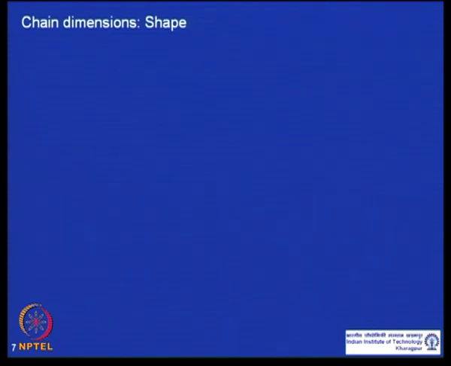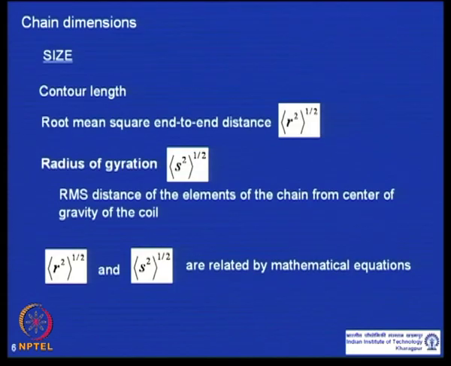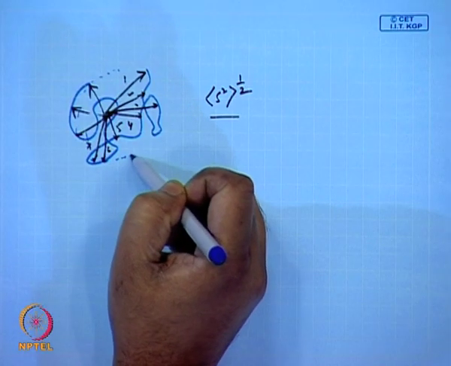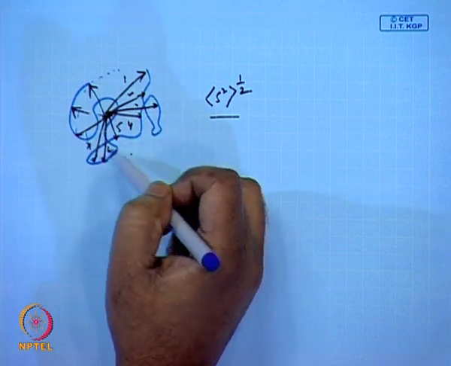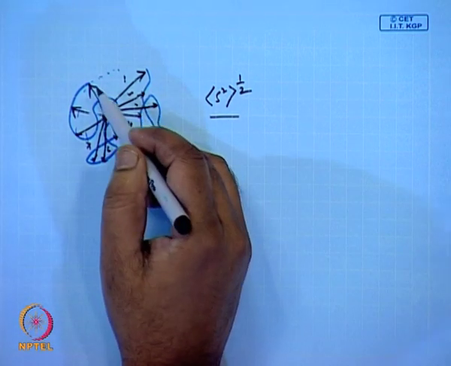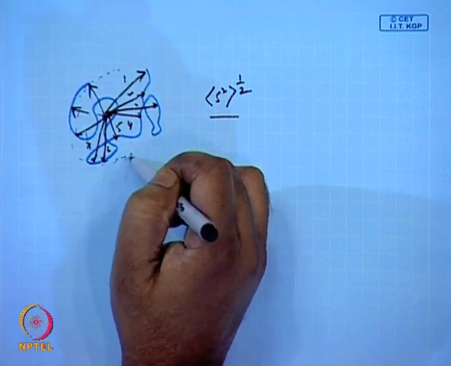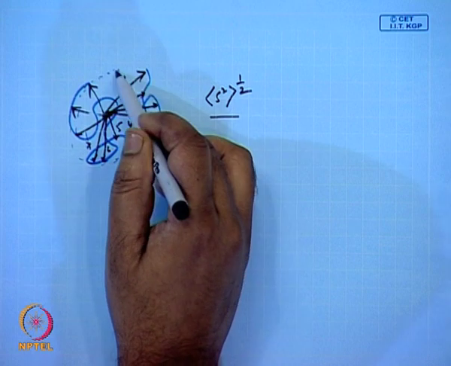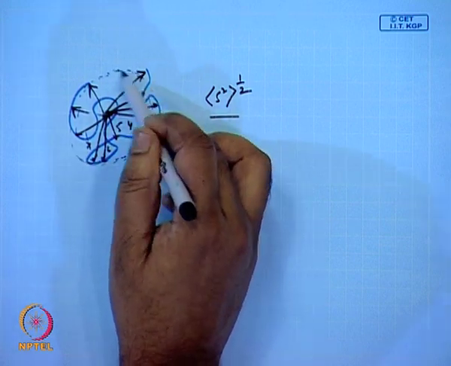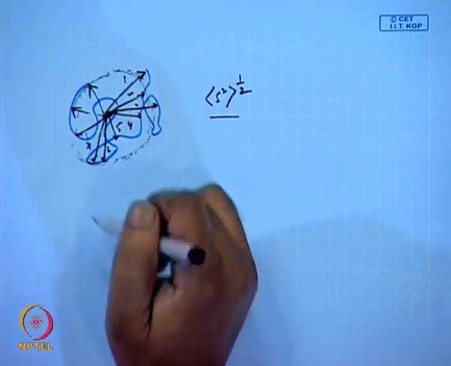Now, out of these two, this radius of gyration is almost like the radius. If you consider the polymer coil as a sphere, then this radius of gyration is similar to, or proportional to, the radius of this sphere.